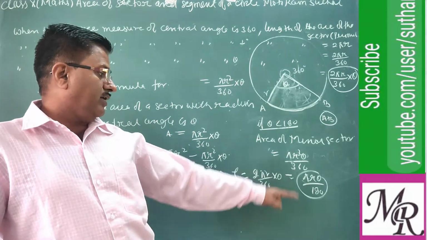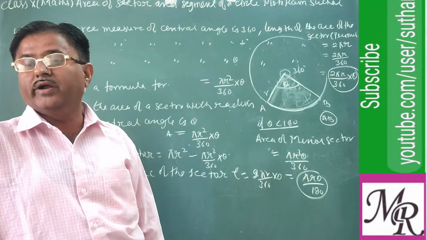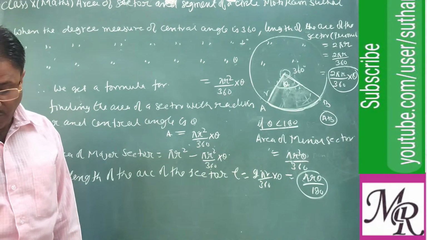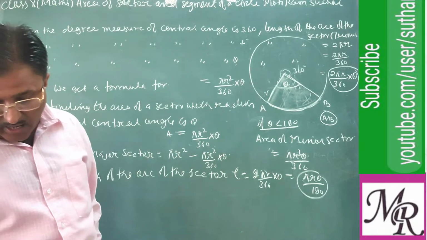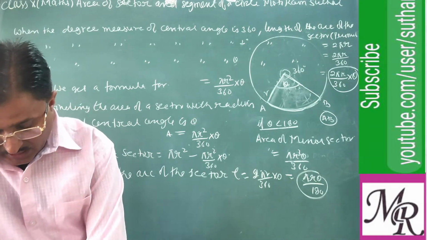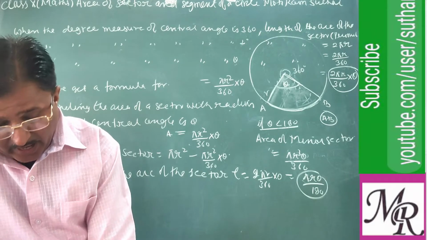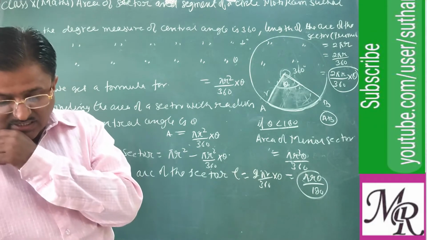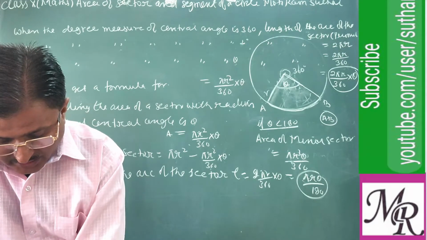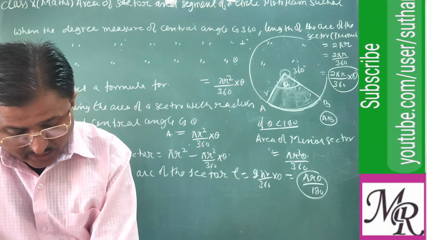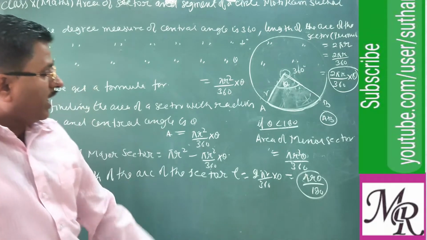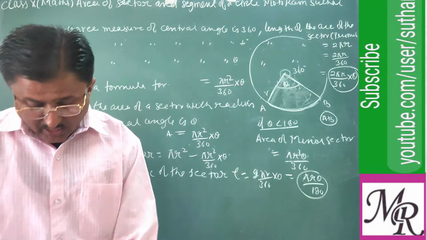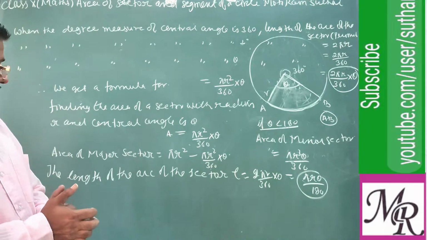So what we get is pi r theta upon 180. This is clear? So this is the formula for finding the length of arc of a sector of angle theta. Clear? Now we take some important points, but in your NCERT this is already finished and there are some examples, but we have to extend our portion for the length of.